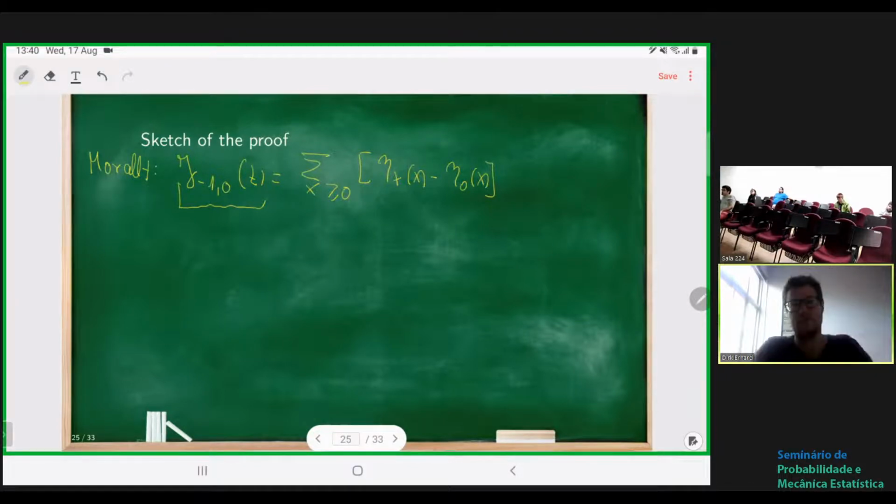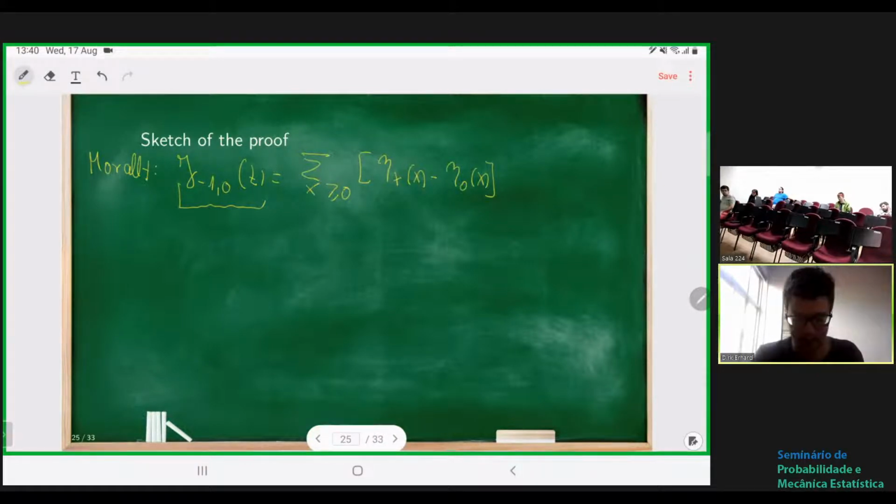If it's negative, the opposite is true. Yeah? So this perfectly makes sense. This is only a moral identity because the left-hand side is some random finite number, while the right-hand side in general will diverge. It doesn't make sense. Yeah? So the right-hand side makes sense if you start with a finite number.